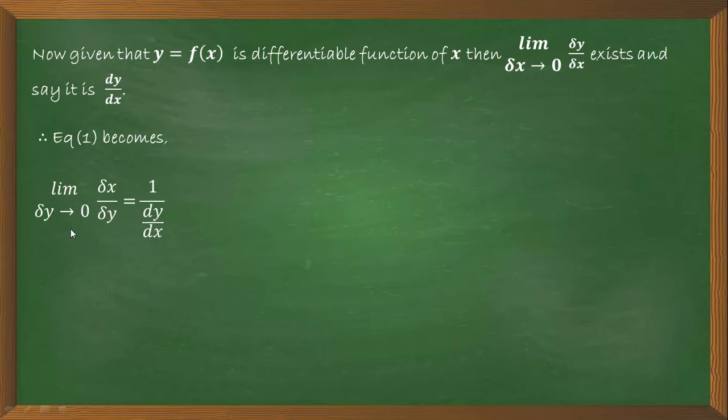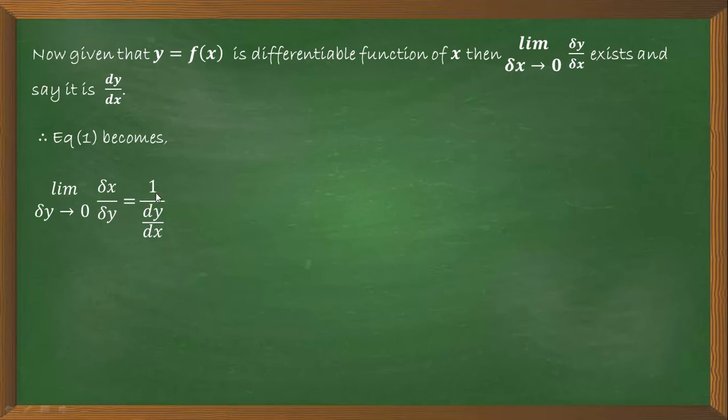Now see, this is the limit, and 1 upon dy by dx is a finite quantity, because dy by dx is the limit of this. So dy by dx is finite, 1 is finite, so it shows that this limit also exists.